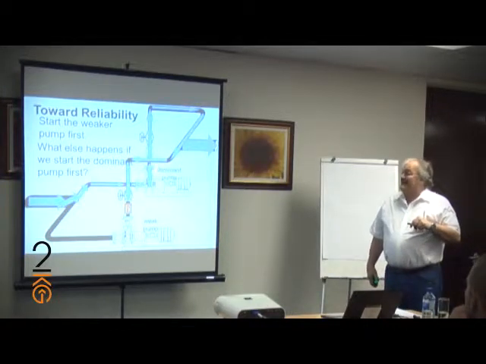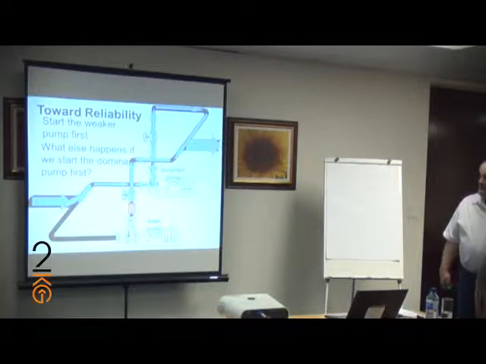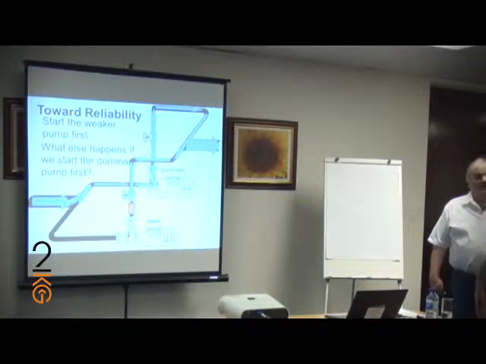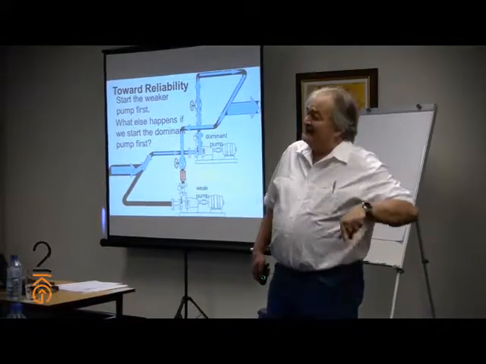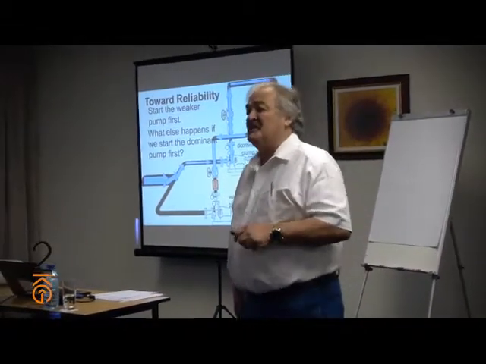Now my dominant pump is holding that check valve shut. Now what is a check valve? A check valve permits flow in only one direction. So my dominant pump is holding that check valve shut, and this pump is starved on the suction side, and the output is likely to be reduced by the same percentage.